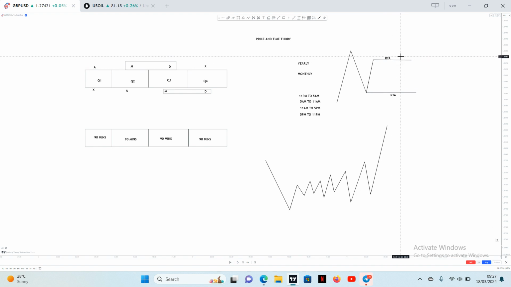Now we get in at that manipulation or distribution. Let's say quarter one has happened, and quarter two now grabs this and also grabs this at the same time. You'll be more likely interested in that. Okay, it has done this one, because quarter three is supposed to be a distribution. Now ask yourself, which one is it going to distribute?